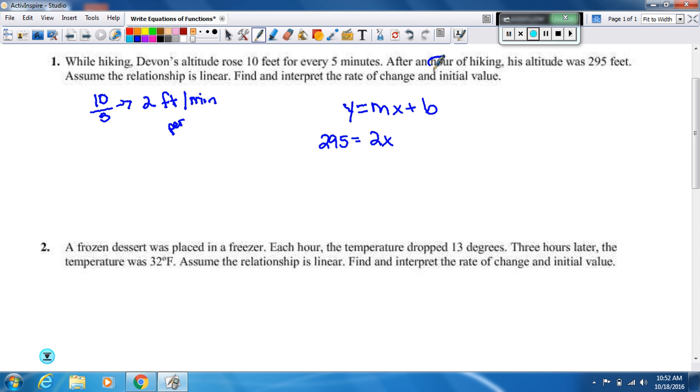And remember, this is per minute. So an hour is 60 minutes, plus b. So 295 equals 120 plus b. You take out 120.